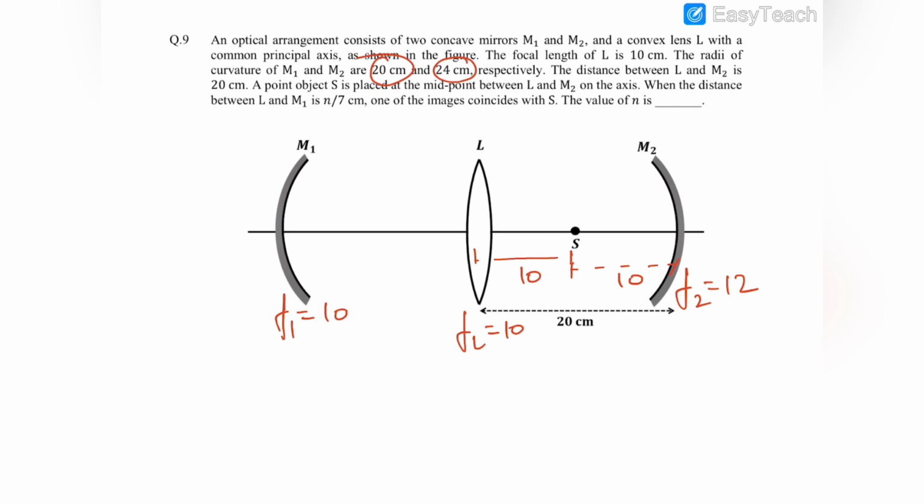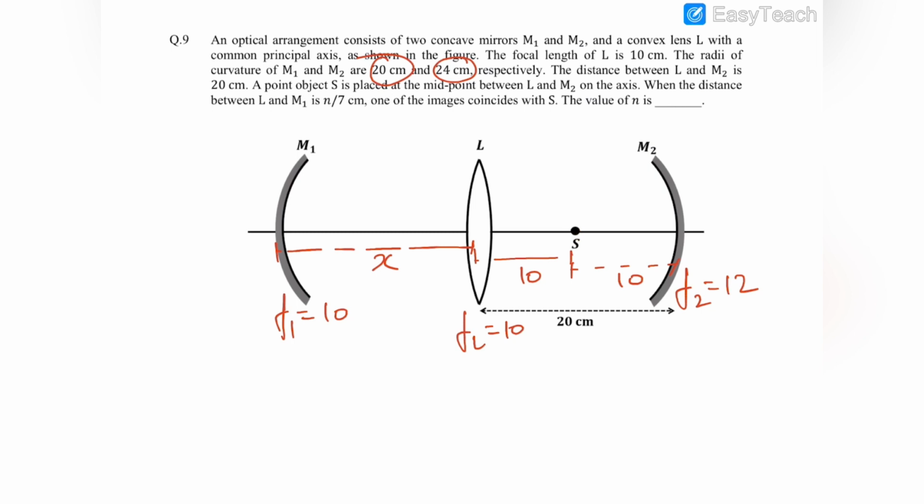Now we have to find the distance between this mirror and the lens, so that at least one image coincides with this source.